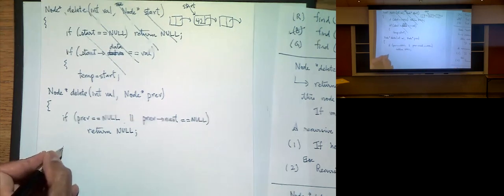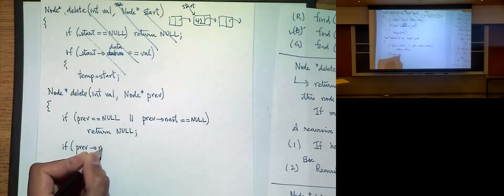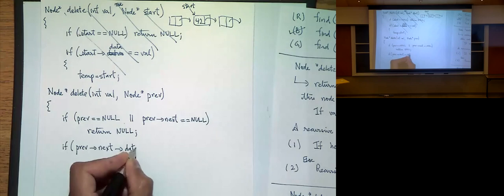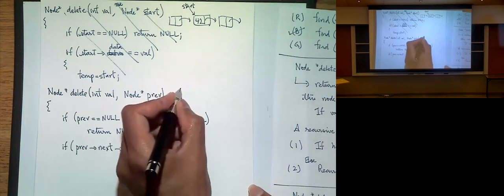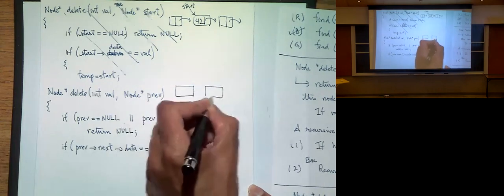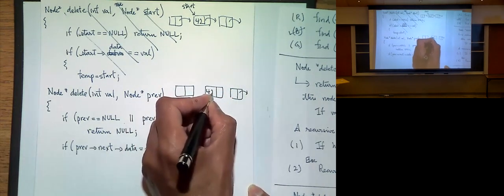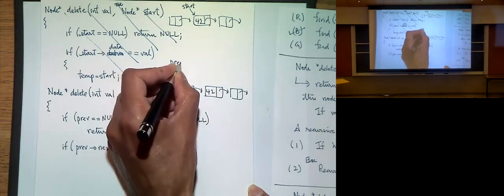Now what you do is you say if previous arrow next arrow data is equal to val, right? So now let's go back to this picture that we had here. So this is the number we want to delete, and here is previous.